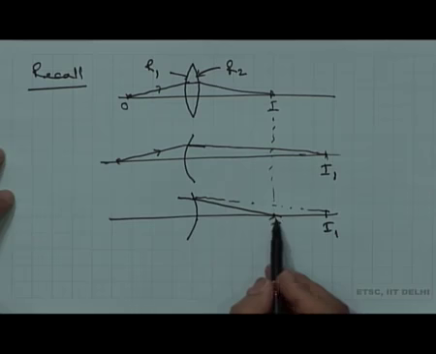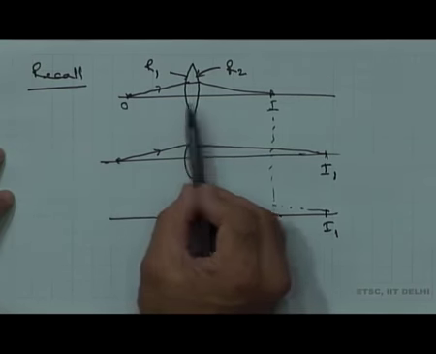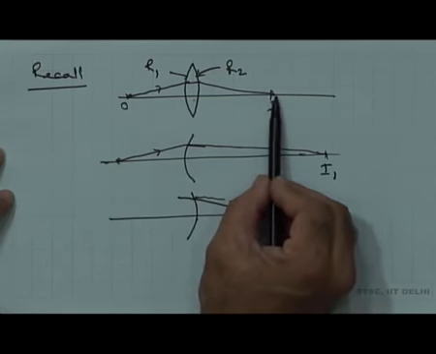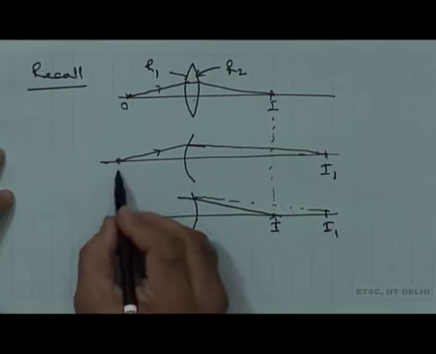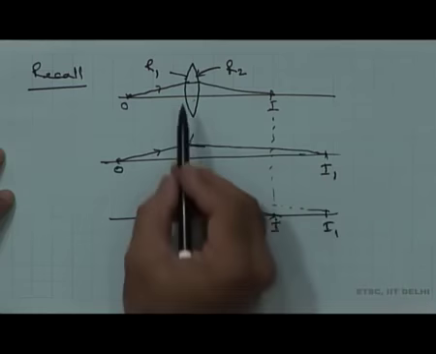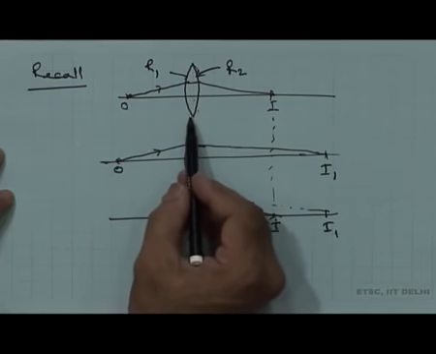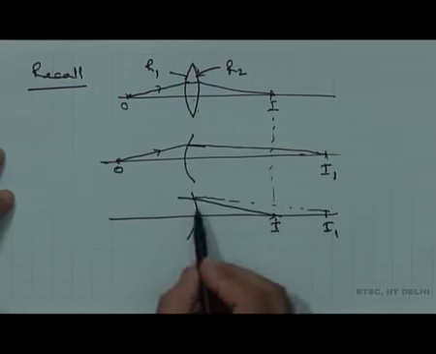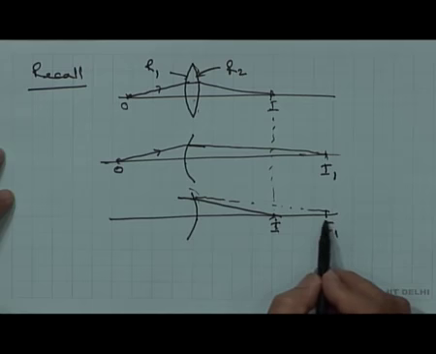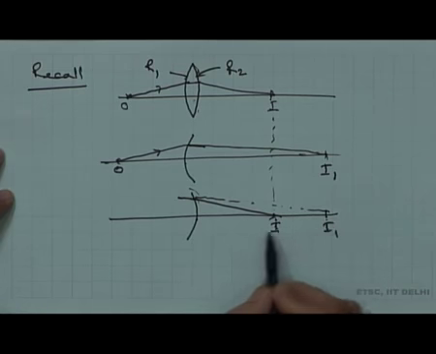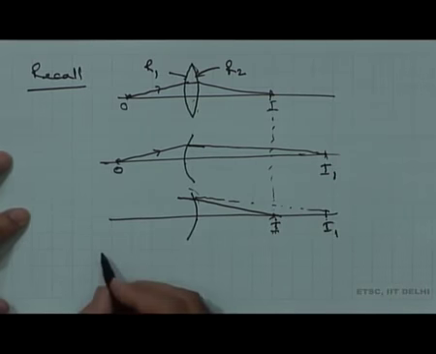This is the actual object distance, the actual image distance, treated first with the object here, which forms an image in the absence of the second refracting surface. Then the second refraction at the second surface considers I1 as the virtual object and forms an image at I, and then we derived the lens formula.